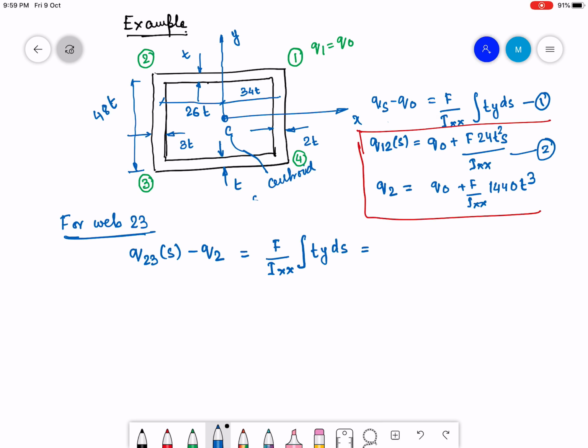So that is going to be f by Ixx. T here is 3t, so I can take 3t out, and y, so s is between 48t and 0, and y is going to be minus s plus 24t, right?